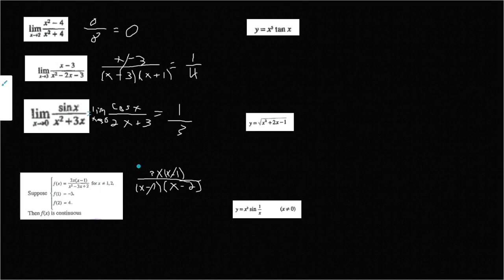So 3 times 1 is 3, over x minus 2, which is negative 1. And so that is negative 3. So it is continuous at x equals 1. So I'm just going to write a check there.